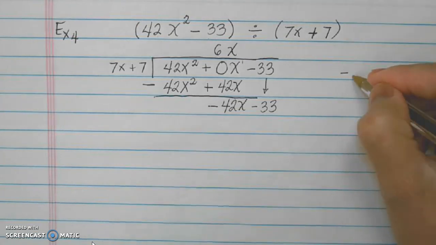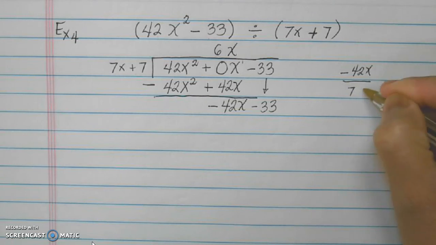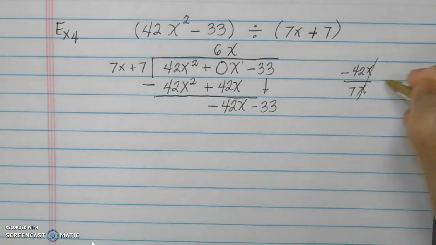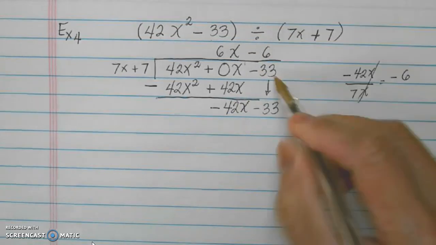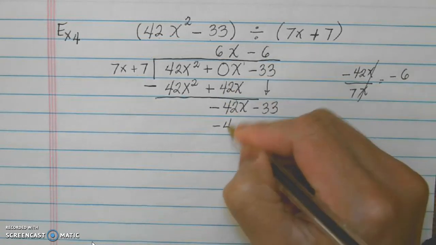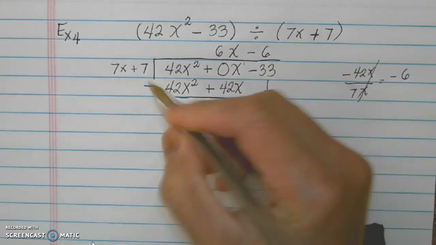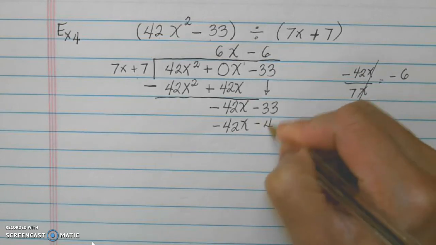Okay, your scratch paper is on the side. You might need to use it. Feel free to use it. The x is gone. Answer is negative 6. So I'm going to put here negative 6. Negative 6 times 7x is negative 42x. Negative 6 times positive 7 is negative 42.